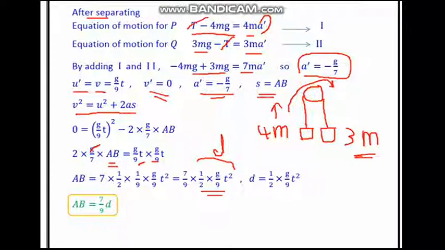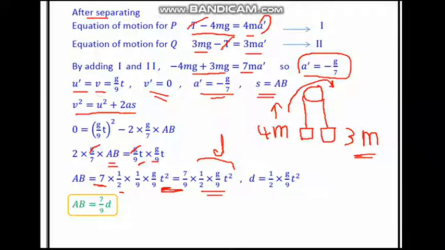It's okay. We can cross out g from both sides. Using the inverse operation, 2 will be half, 1 over 7 here will be 7. So now we have 7 and half, and g crossed out, so still 1 over 9. t by t is t squared here.